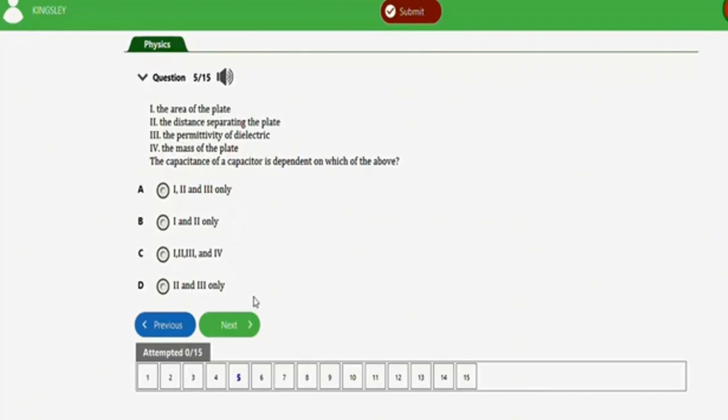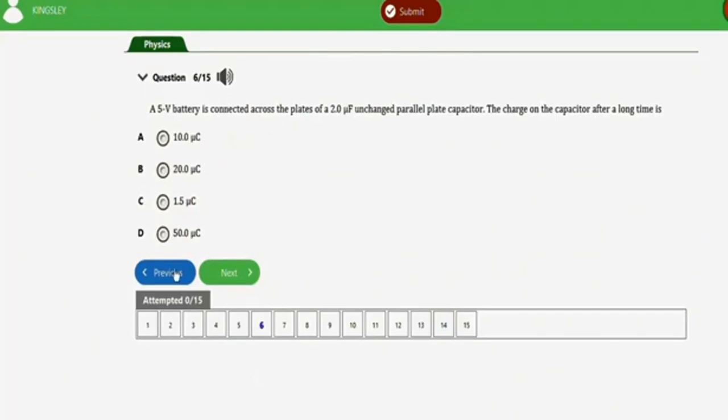The next repeated question will be this one. It says a 5-volt battery is connected across the plates of a 2 microfarad uncharged parallel plate capacitor. The charge on the capacitor after a long time is, so for this particular question, all you need is to employ the formula. The conventional formula is capacitance of the capacitor equals the charge over the voltage.